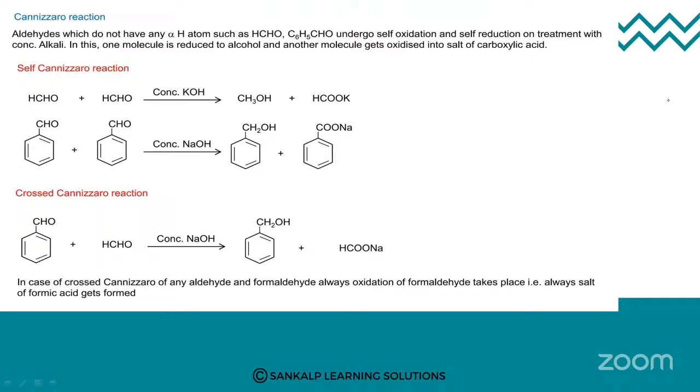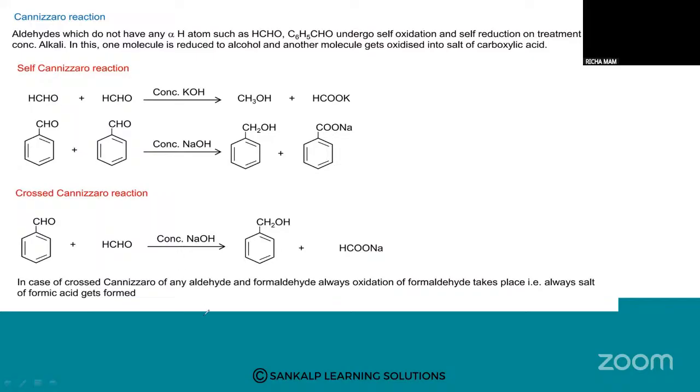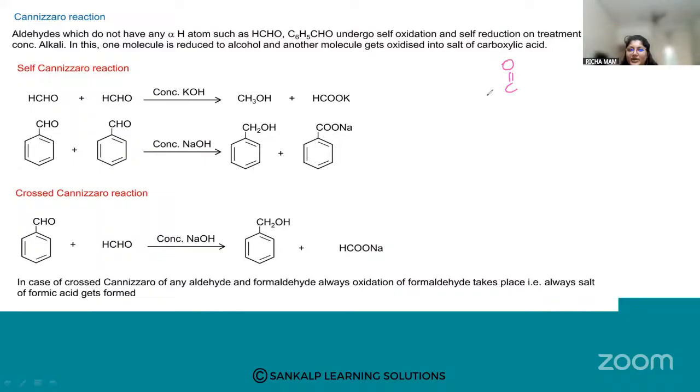So the Cannizzaro reaction is done when you do not have any alpha hydrogen atom. It is done on aldehydes which do not have an alpha hydrogen atom. Now I hope you know what an alpha hydrogen atom is. Here, where is the alpha hydrogen atom?